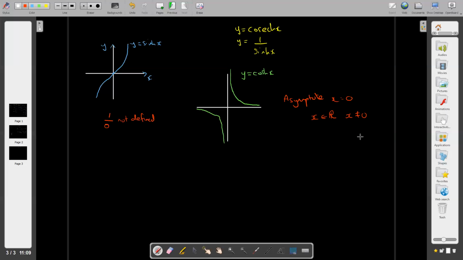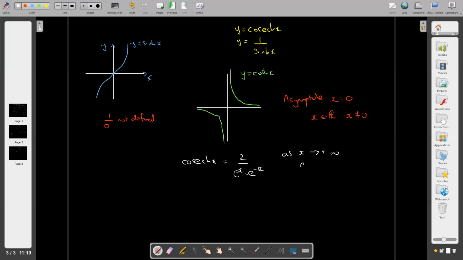Okay, how might this look if we try to consider it just with the exponentials, just for completeness? So if we recall, cosech x would be 2 over e to the x minus e to the minus x. So as x tends to positive infinity, as x goes to the right, gets large to the right, what's going to happen?